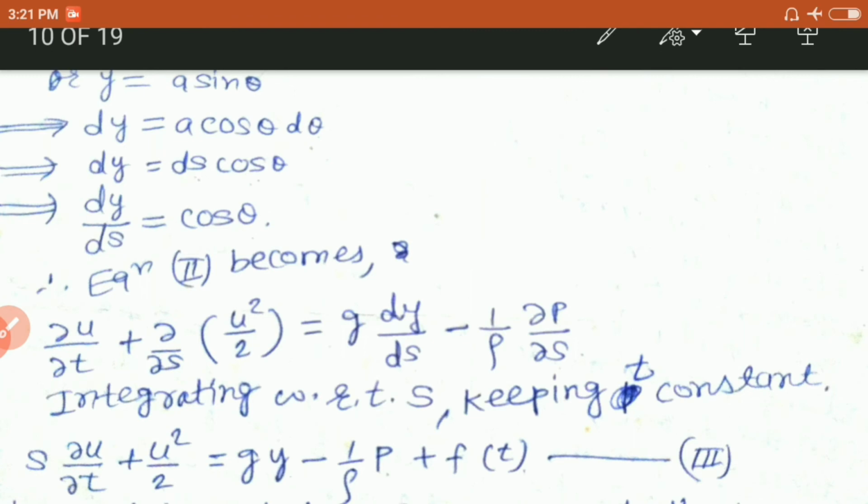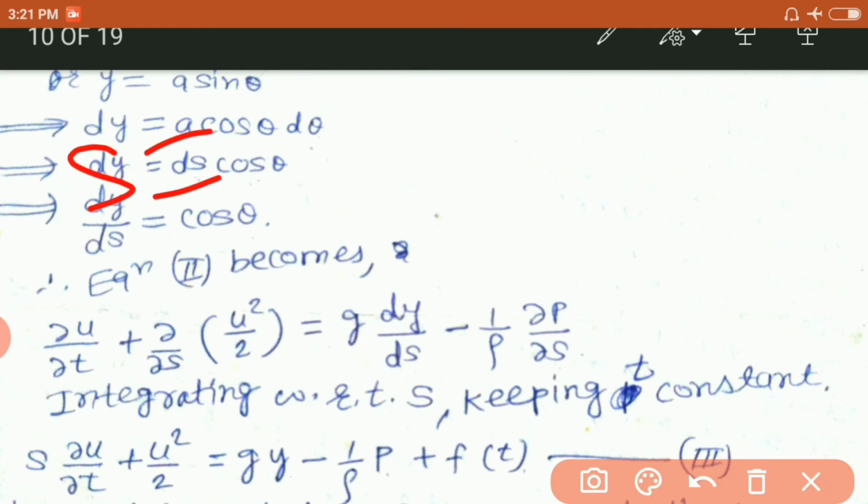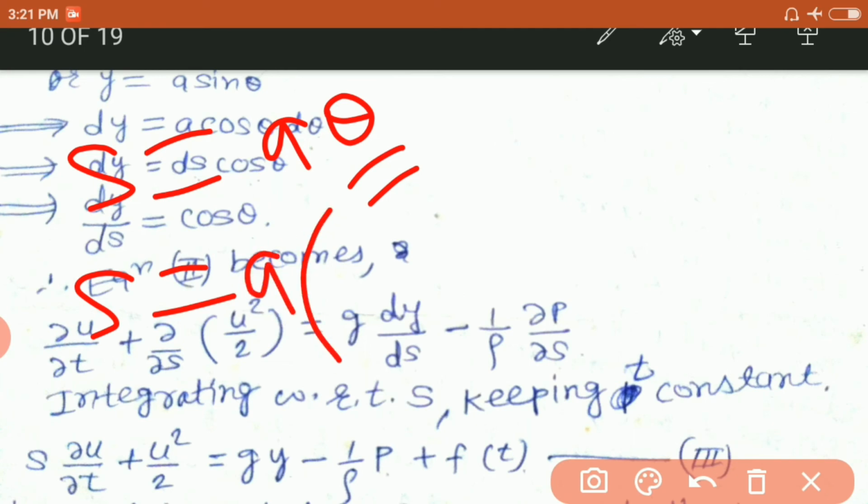Now in equation third, we take s is equal to a theta. That means theta is pi by 2 minus beta, so s is equal to a in bracket pi by 2 minus beta.